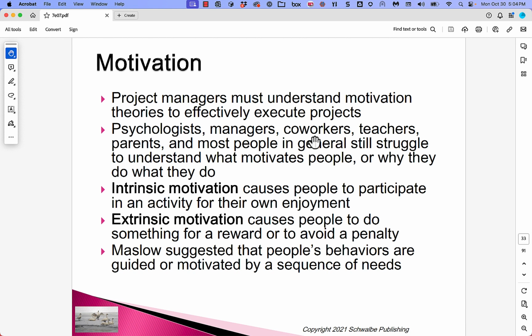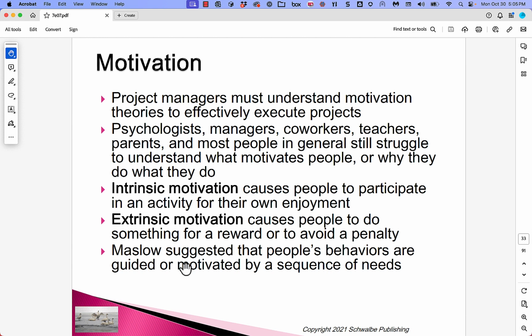Now, you can come at this from a couple of points of view. Most of the things we're going to talk about are, well, I think when you really understand them, they're common sense, right? So whether you understand this from a common sense, practical point of view, or whether you understand this from a motivational theory point of view, it doesn't matter to me as long as you can make it work on your team. Okay?